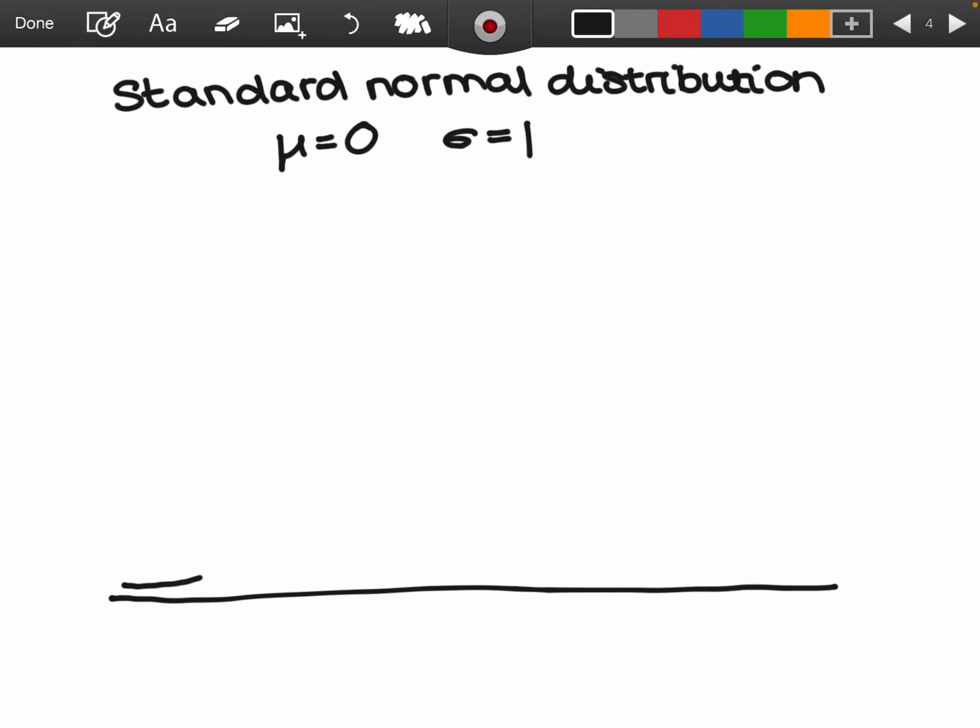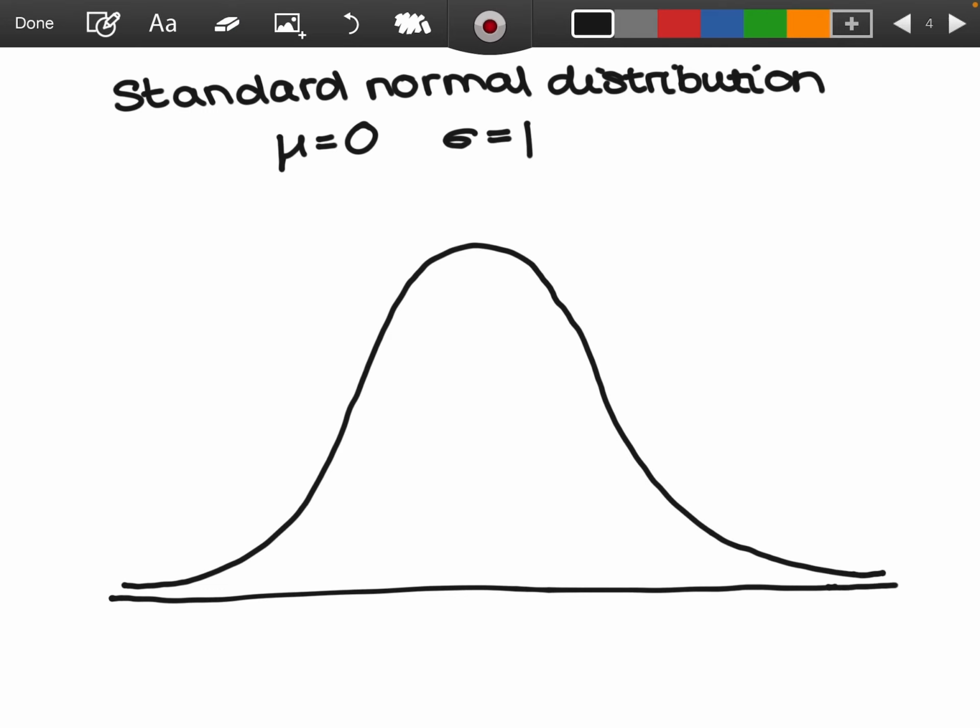That means that when I draw out my curve like this, it's going to be centered around a mean of 0. And like we said, roughly 2/3 of your data points for a normal distribution should be within one standard deviation of the mean.